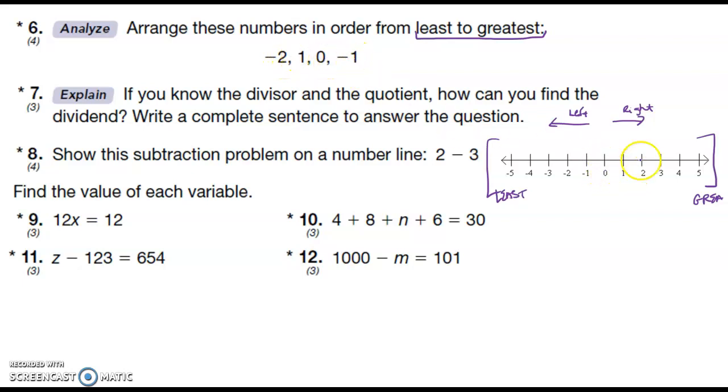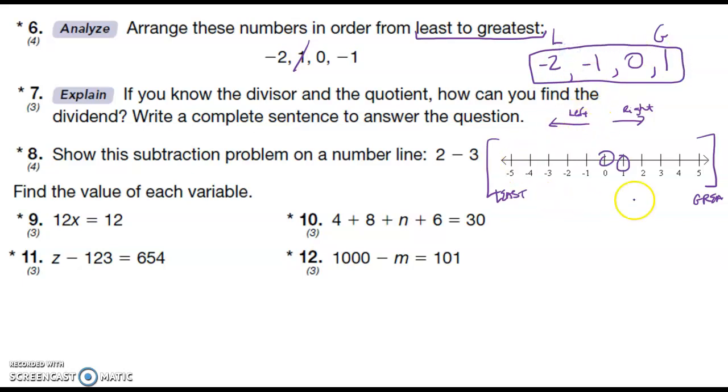So on my number line, the one that's the furthest to the right is 1. So that's going to be my greatest. It says least to greatest, so least to greatest. And I'll cross that out. The next one is 0. The next is -1 and then -2. So least to greatest is here. I'm going to go ahead and erase this so we can use it on number 8.